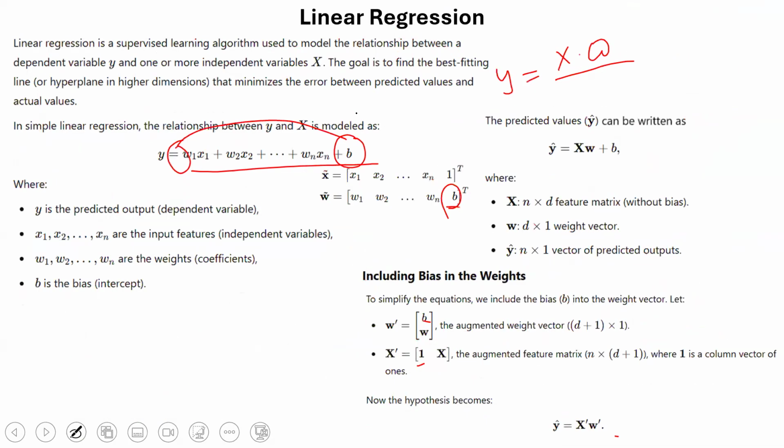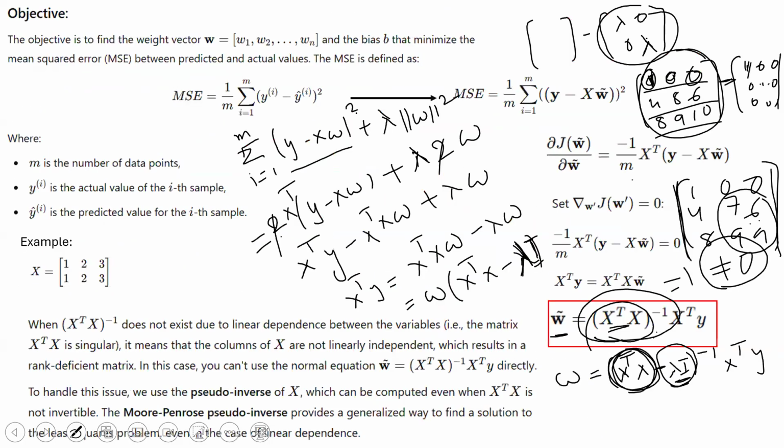And then you have understood what linear regression is, the objectives of linear regression, and solving for W. When there are dependent variables, the inverse of the matrix does not exist.